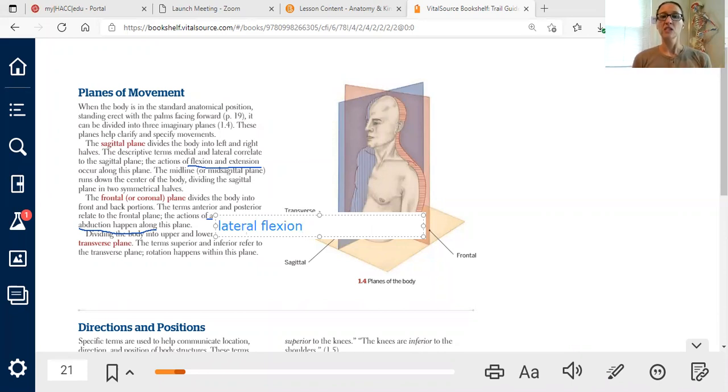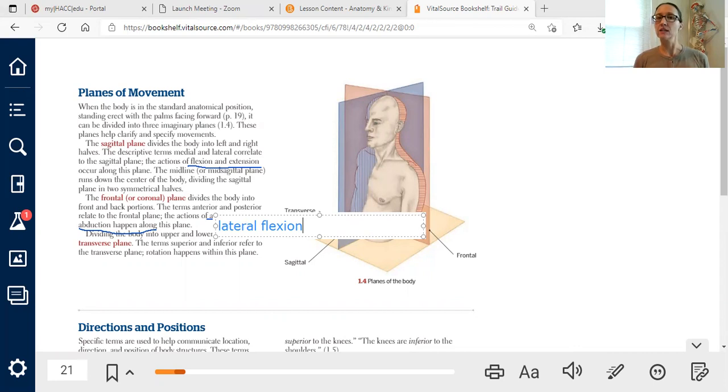Okay. So along this plane, if you're sitting, you're watching here, I can do this with my neck, and I can do this with my neck. That's lateral flexion. My neck hurts on this side right now, so this is actually a little hard. Lateral flexion, okay? But I can also do abduction and adduction along this plane.